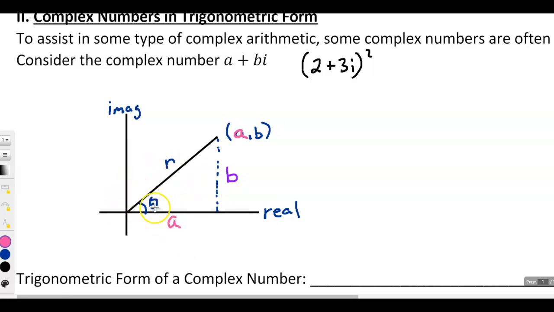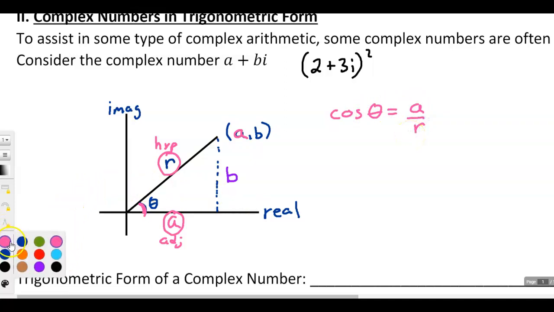If I want to write a as some trig value, my likely go-to would be a over r, which, with this angle as a reference, would be the adjacent over the hypotenuse. So what trig function is adjacent over hypotenuse? And confidently you answer cosine. So cosine of theta equals a over r.